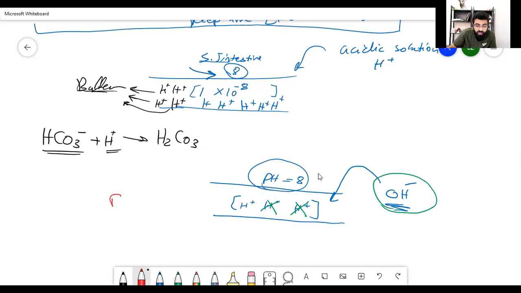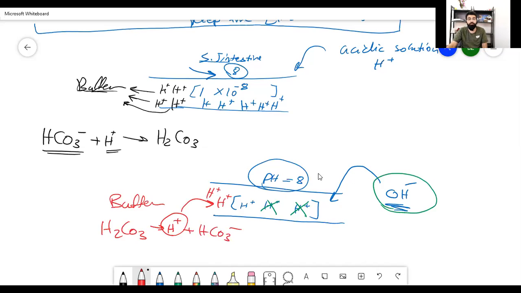The buffer now works like this: H2CO3 splits into H plus and HCO3 minus. And this H plus is added to the solution in the small intestine. So the red H pluses replace the H pluses cancelled by the OH minus.